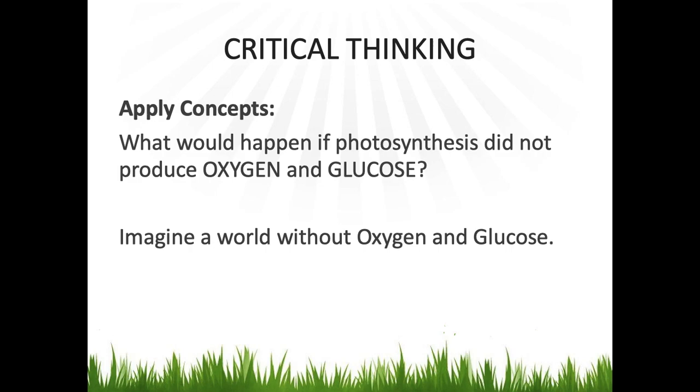We'd be missing two fundamental products. So, think a little bit about a world without oxygen and glucose. What would that world look like? What other organisms would suffer without glucose or oxygen? Write down your ideas in the critical thinking section of the notes.